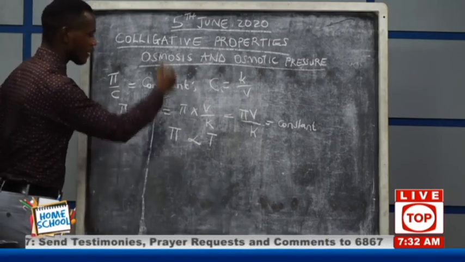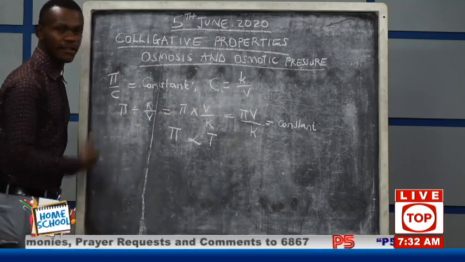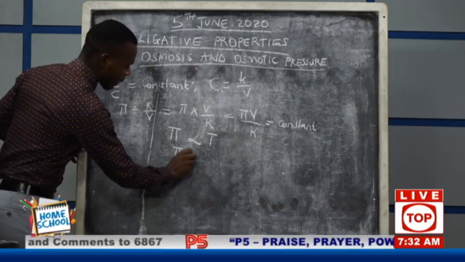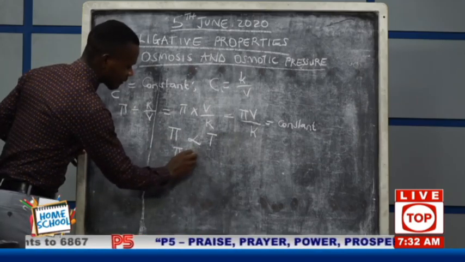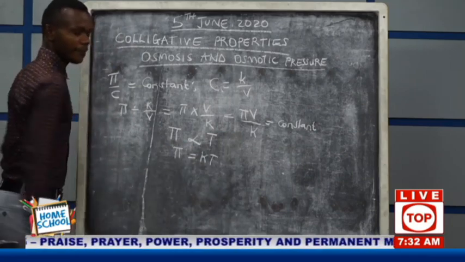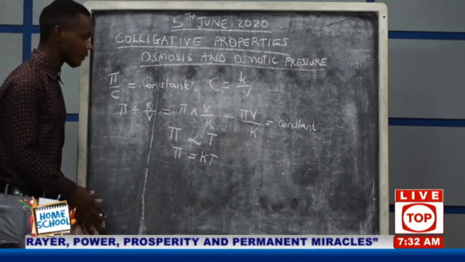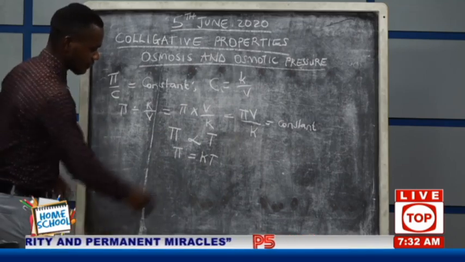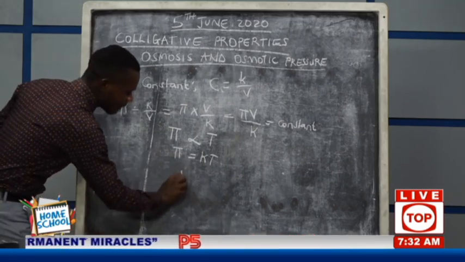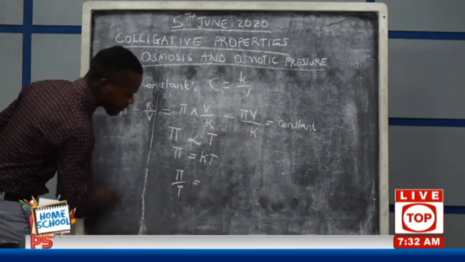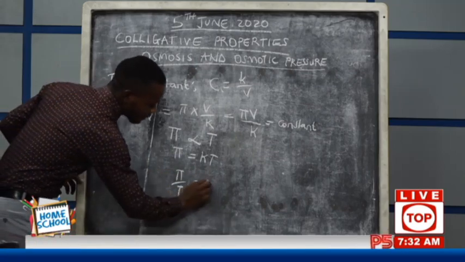So when we remove it and put an equal sign, we shall apply the proportionality constant. So we shall say osmotic pressure is equal to Kt. K is the proportionality constant. I said you define all the terms you use. So here, when you make K the subject of the formula, we shall find that osmotic pressure divided by temperature is a what?